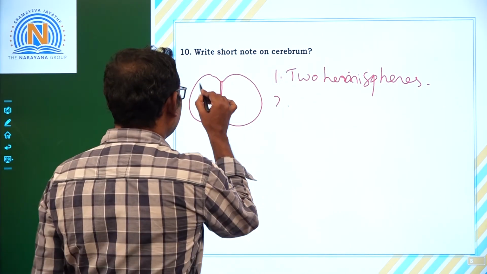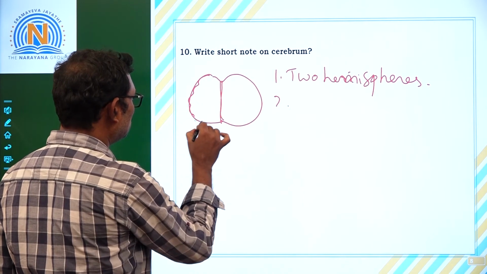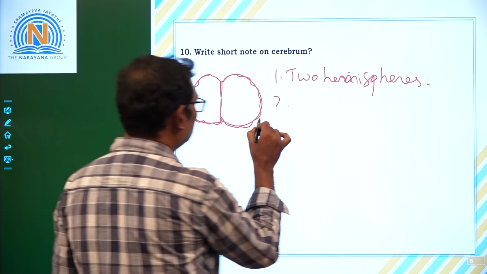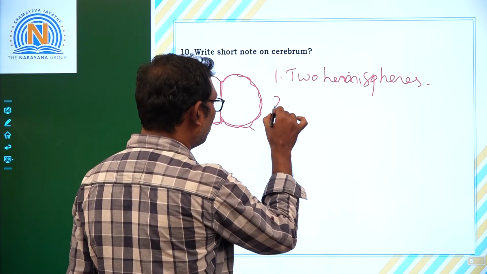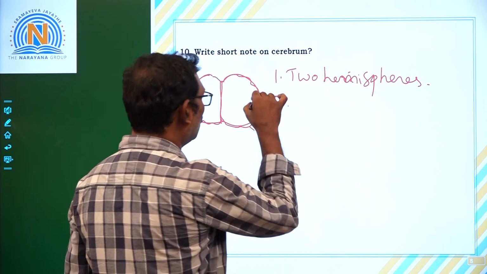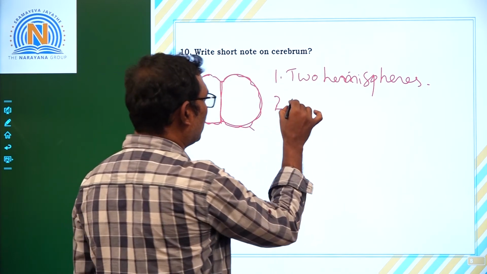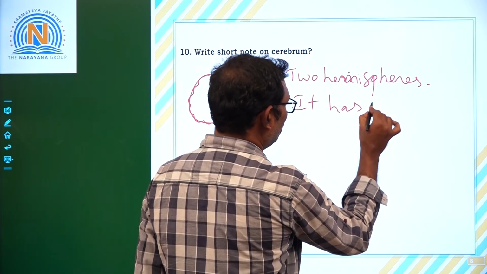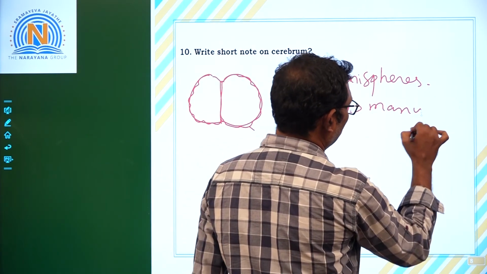Here we can see this hemisphere consists of ups and downs. The upper part appears like these folds. Cerebrum has many folds.